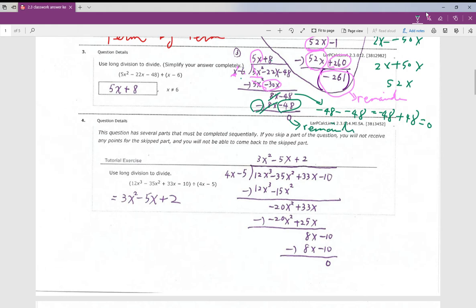Now from this example number 3, I would like you to pay attention to something very important. What's the quotient? 5x plus 8. What's the remainder? 0. So in other words, this answer is 5x plus 8. Okay.